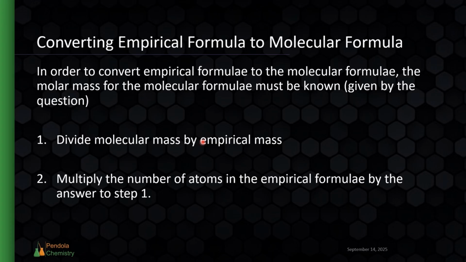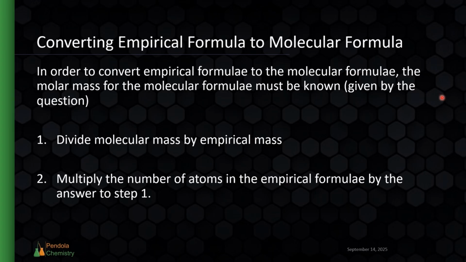So we're going to divide the molecular formula mass by the empirical formula's mass in order to get a ratio of their masses. Because remember, the empirical formula and the molecular formula are related. The molecular formula is a multiplied version of that empirical formula.